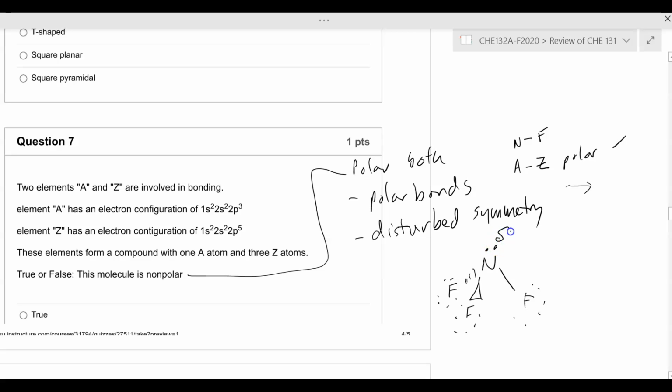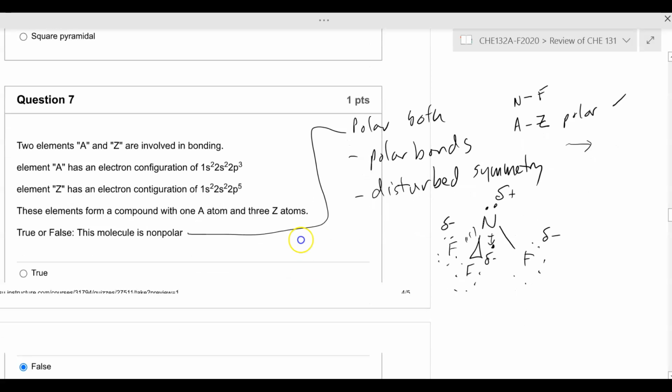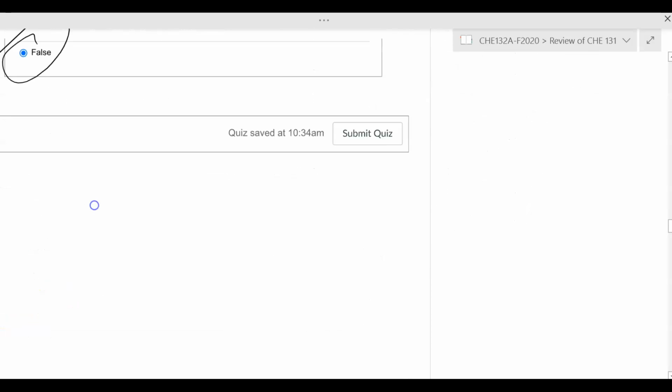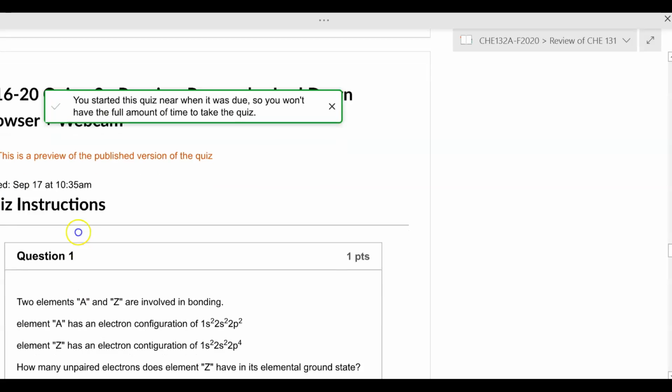So we would say that the nitrogen has a partially positive charge, the fluorines have a partial negative charge, and if you look at the center of partial negative charge, it's going to be right under the nitrogen, but away from the nitrogen. The dipole vector we draw for that might look like that, sort of. It's going to be a polar molecule. So we were asked true or false: it's nonpolar. False is the answer.